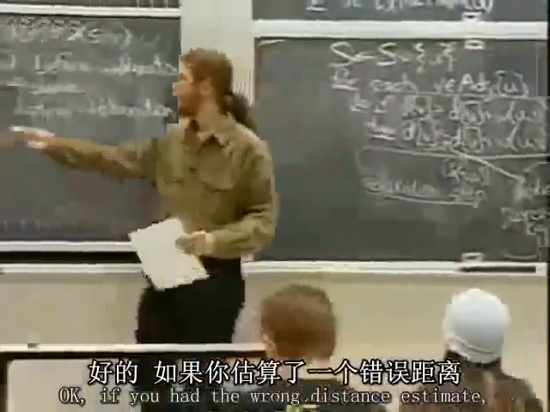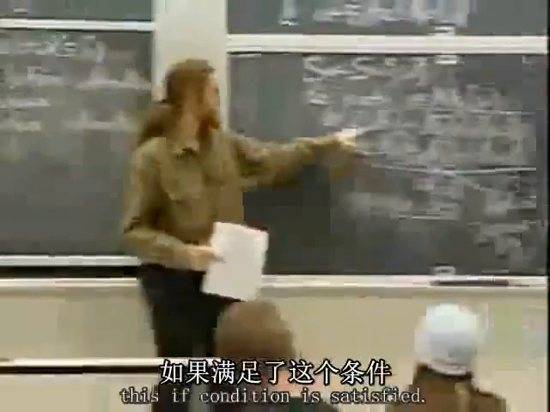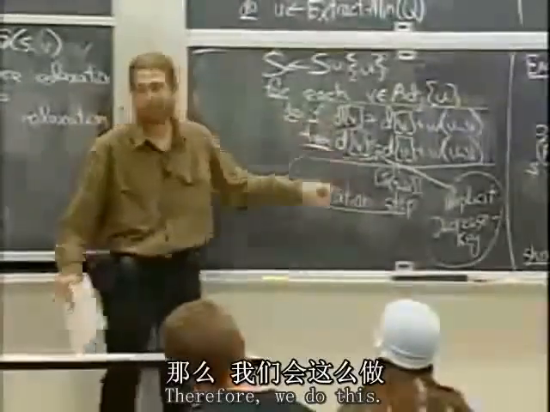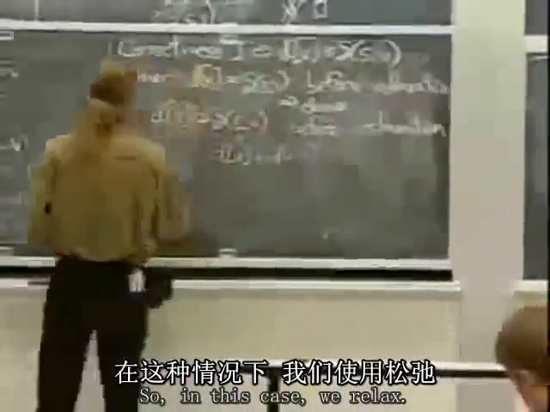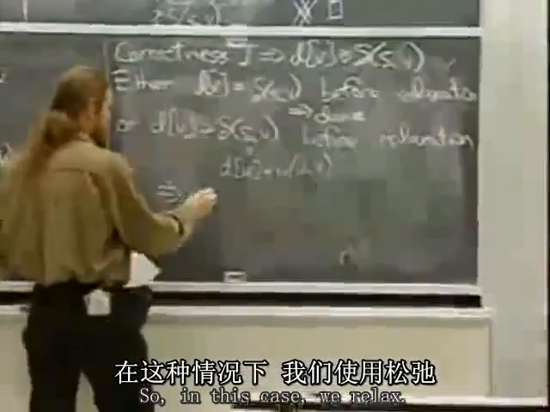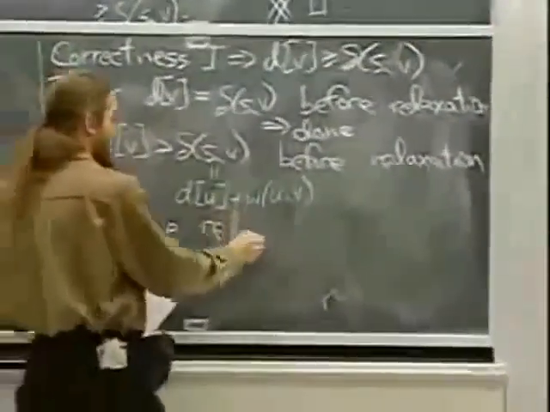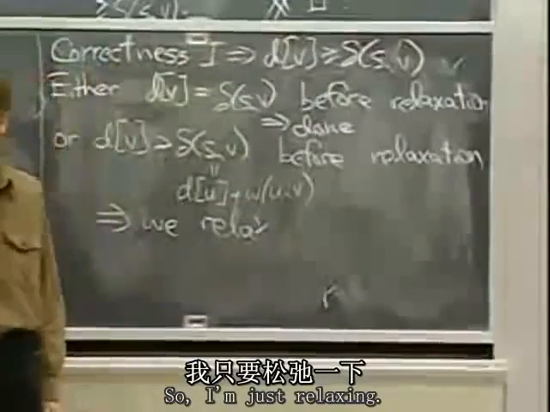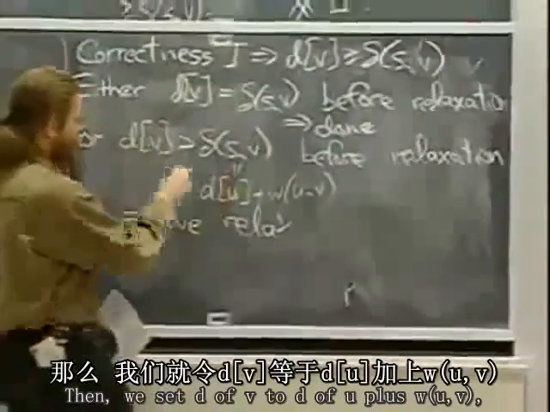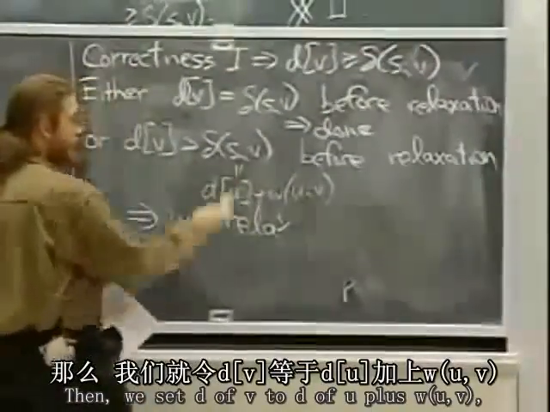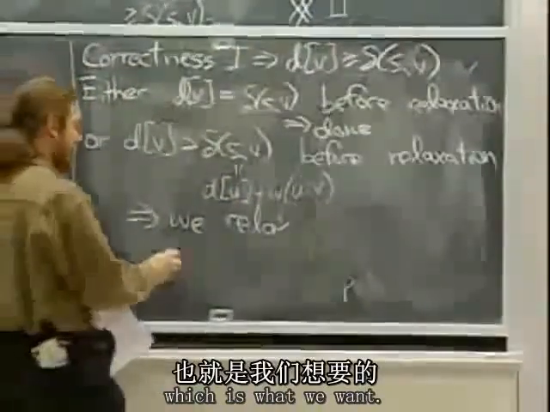If you had the wrong distance estimate, this if condition is satisfied. Therefore, we do this. So in this case, we relax, and we set d of v to d of u plus w of uv, which is what we want.